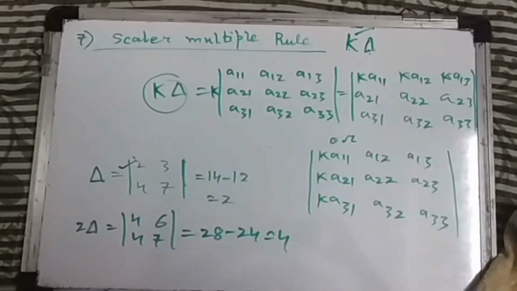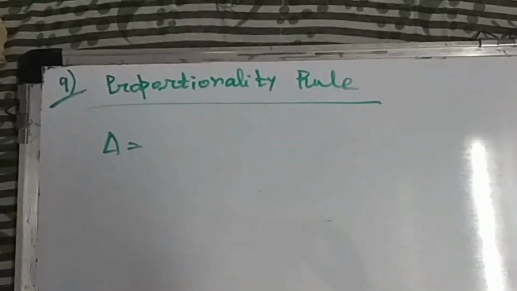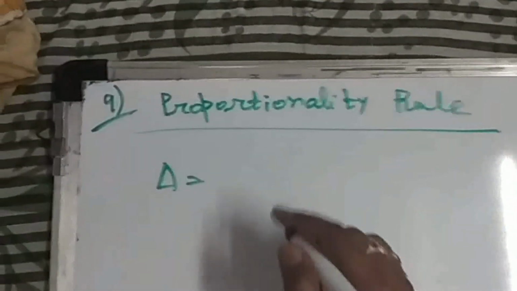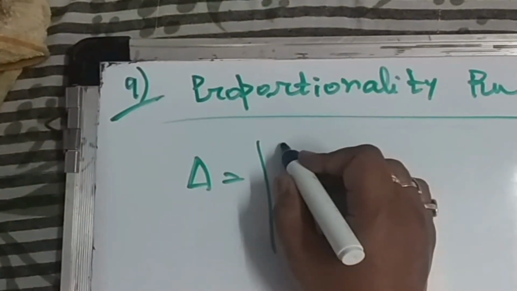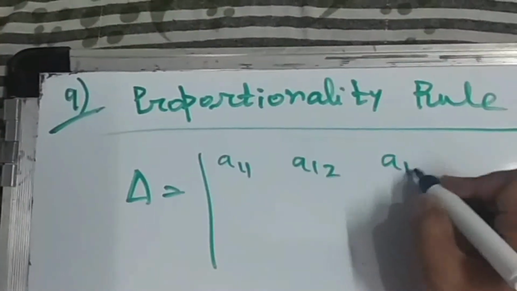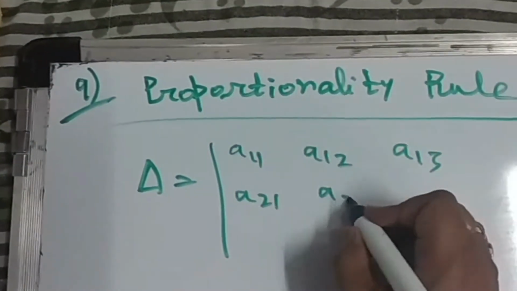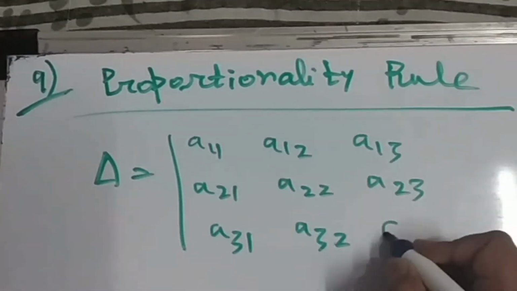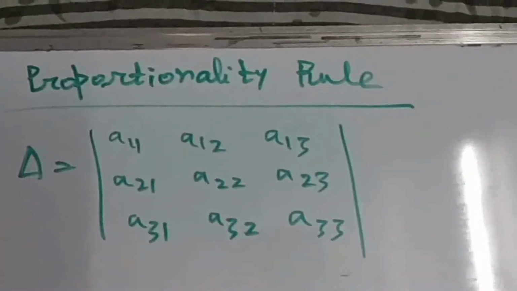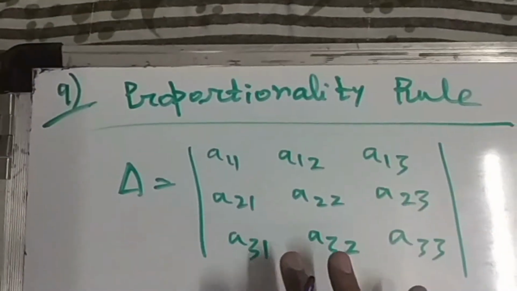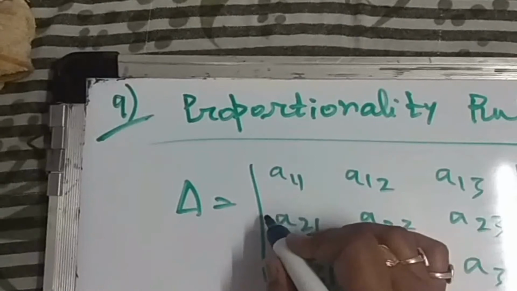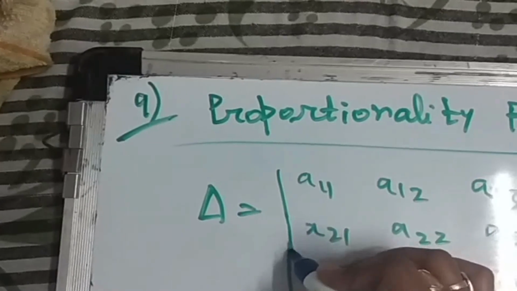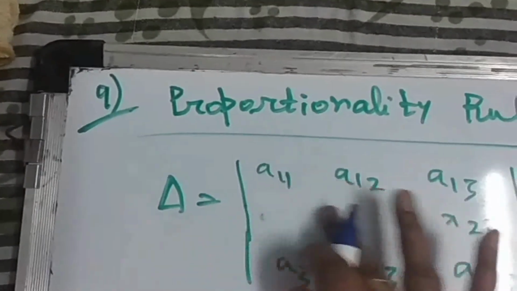Okay, the last one, that is the proportionality rule or the proportionality property of determinant. Very easy. Suppose del here is say a11, a12, a13, a21, a22, a23. Now in this determinant, the normal determinant, suppose the second row I am changing a little bit.